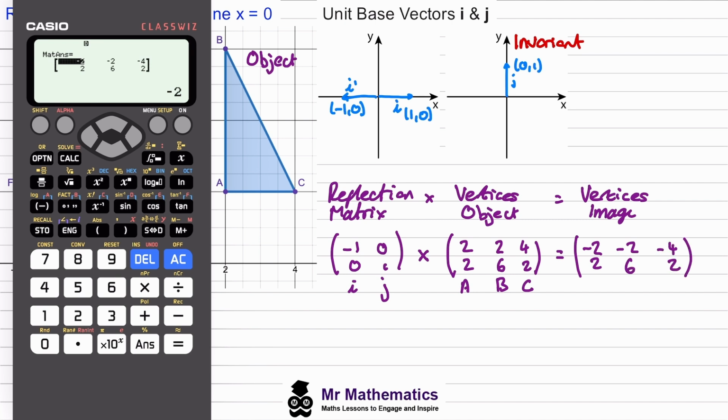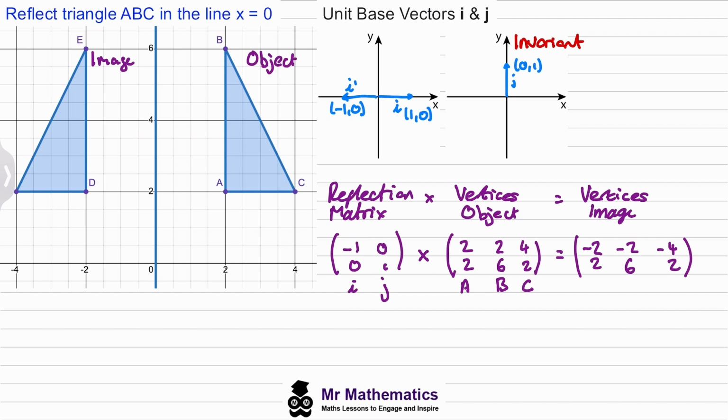And we can check these. -2, 2 is at D. -2, 6 is at E. And -4, 2 is at F. Okay? In the next question, we're going to look at reflecting in the line y equals x.